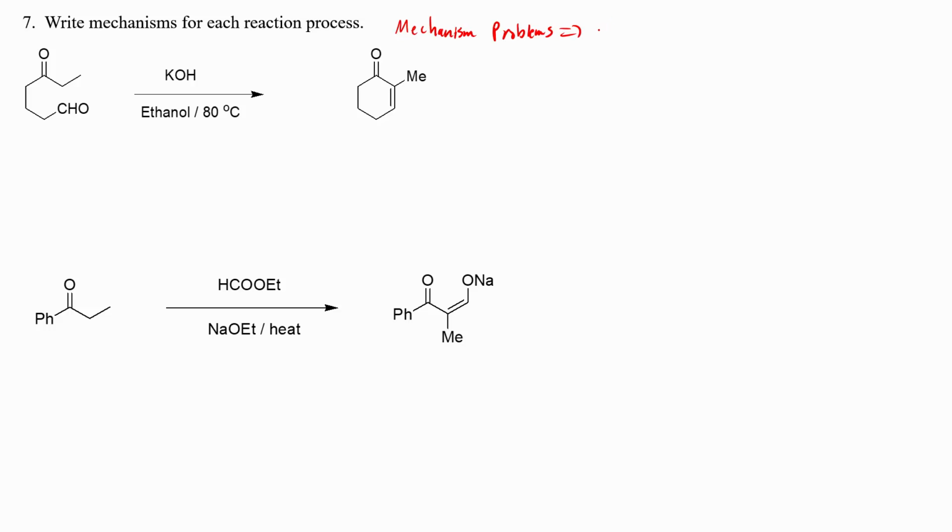What we have to do is figure out how to get from A to B using only things in the reaction equation, or things that are generated. That balanced equation would have water in it, so we could also consider using water at any point in the mechanism for that reaction as well.